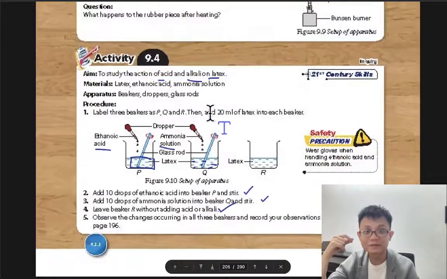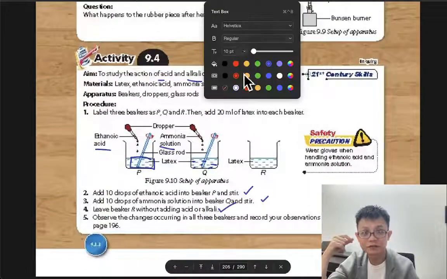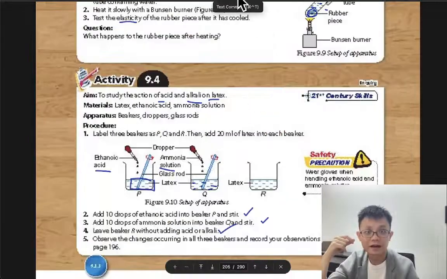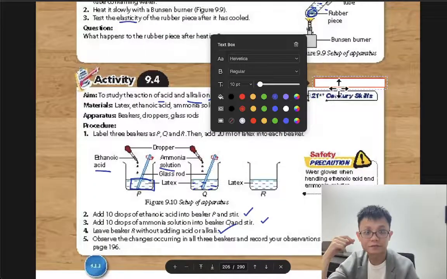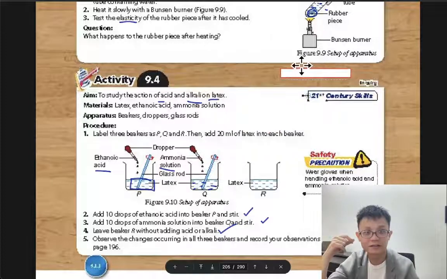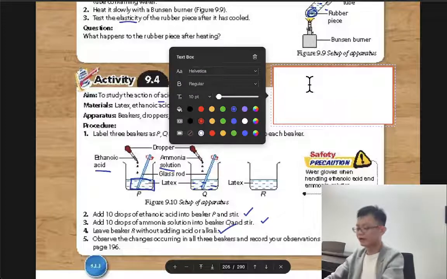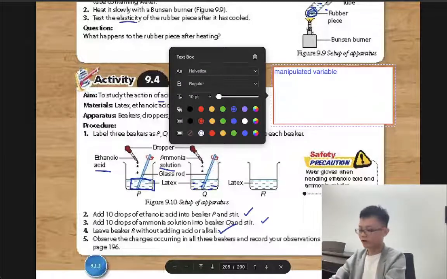Let's say in this experiment, I ask: what is the manipulated variable? What is the responding variable? And what is the constant variable?